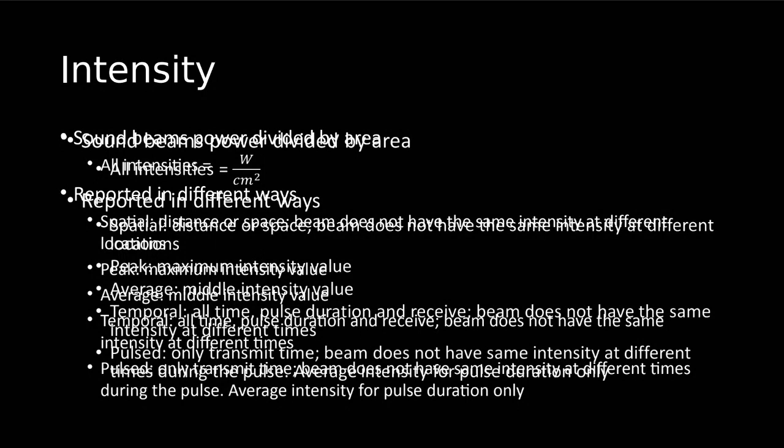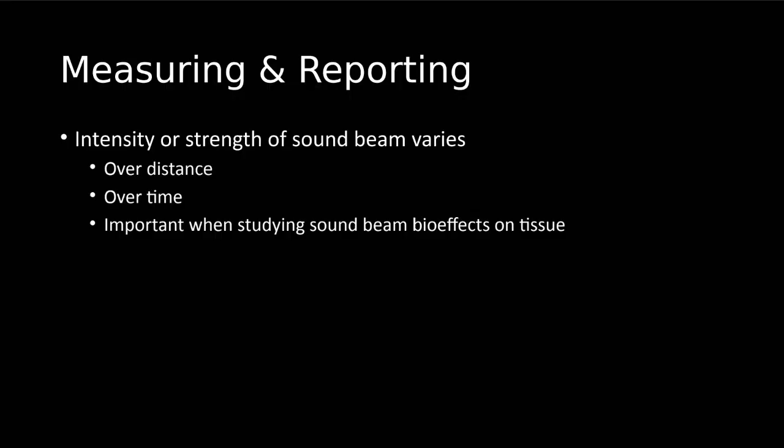So that's going to be the average intensity talking about the pulse duration only. So these are the ways that we are going to report and measure intensities, and they tell us different things. This will again make more sense to you guys when we are looking at how sound beams behave in a few chapters, but just bear with me until we get to that point.